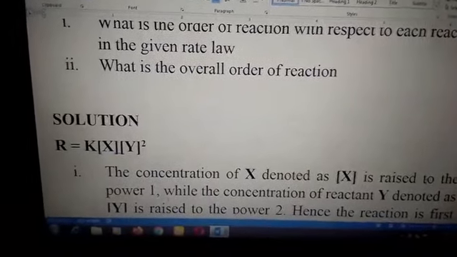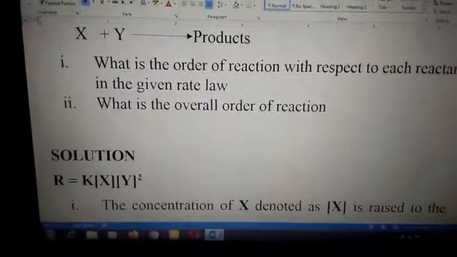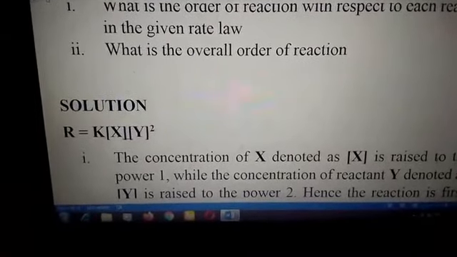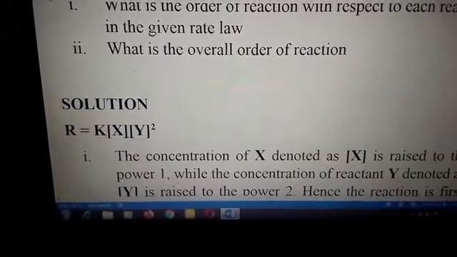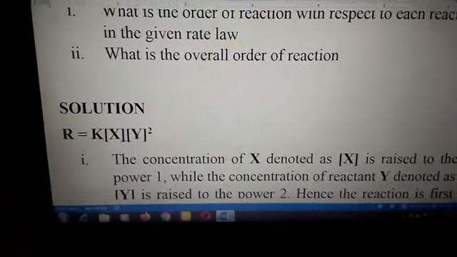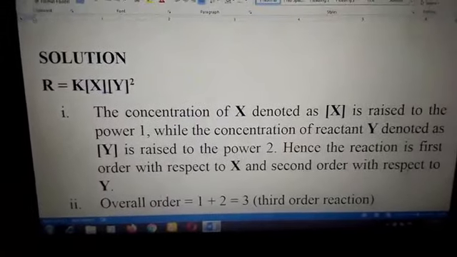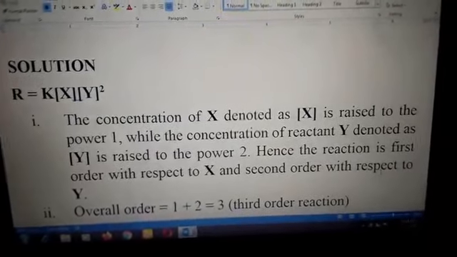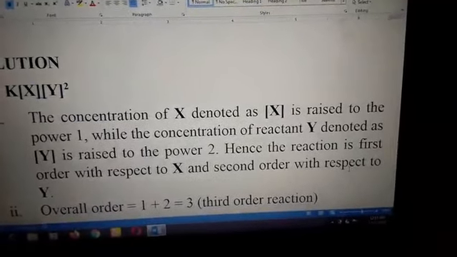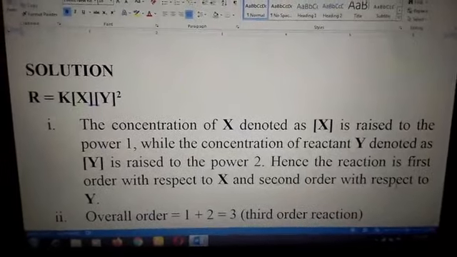We now write the rate equation once again down there. R equal to K multiplied by S to the power 1 and then multiplied by the concentration of Y raised to power 2. So we want to find out the order of reaction with respect to each of the reactants. So the concentration of S, denoted as square bracket S square bracket, is raised to the power 1, as you can see there.